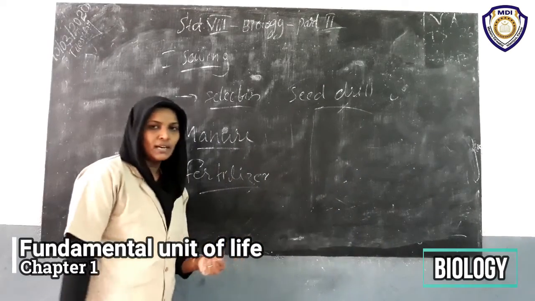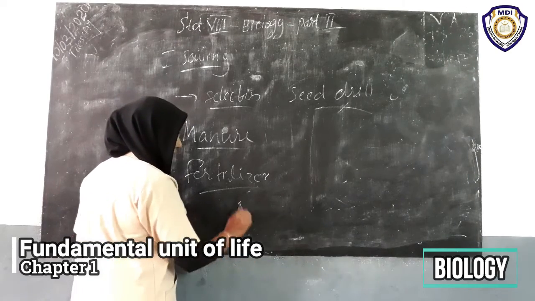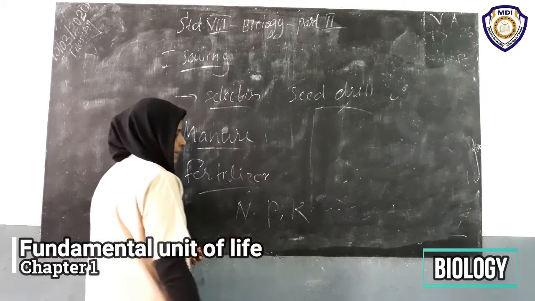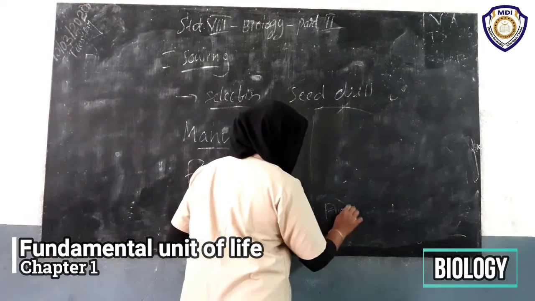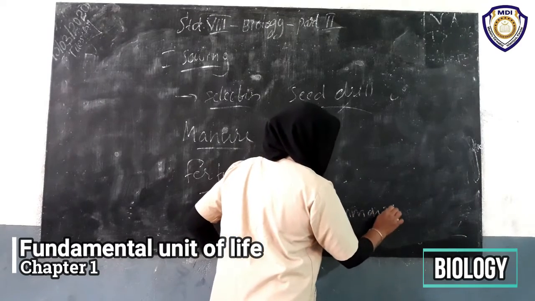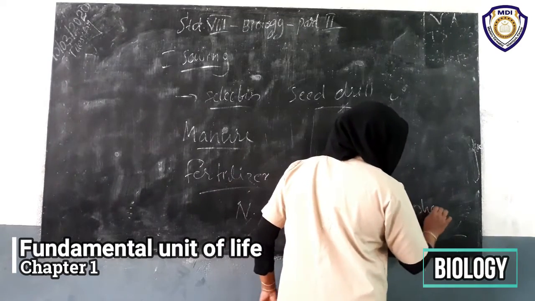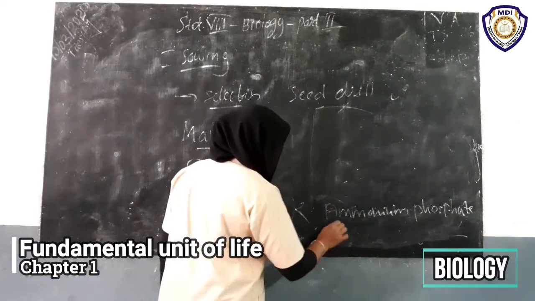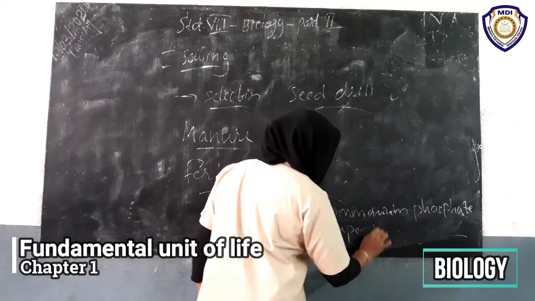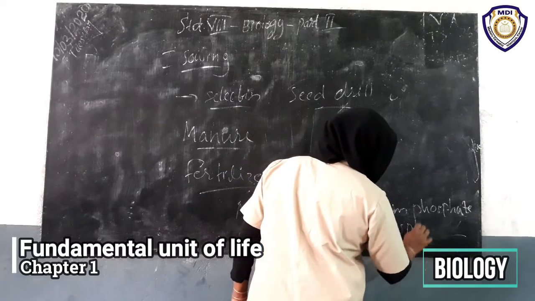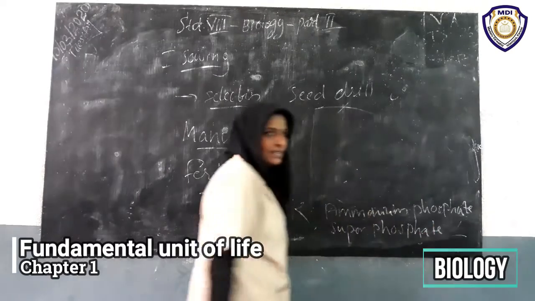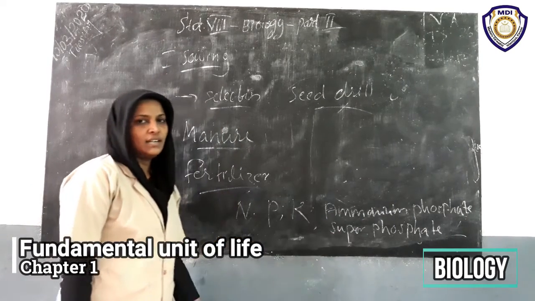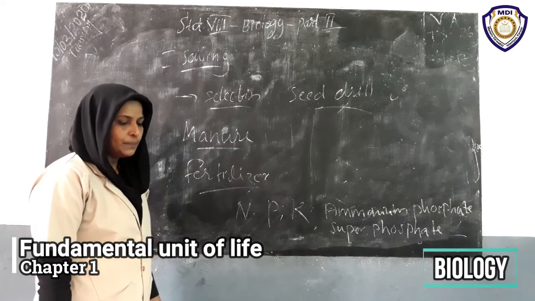Fertilizers examples: you know NPK, nitrogen, phosphorus, potash, then ammonium phosphate, superphosphate, etc. These are examples for fertilizers. Are you clear?